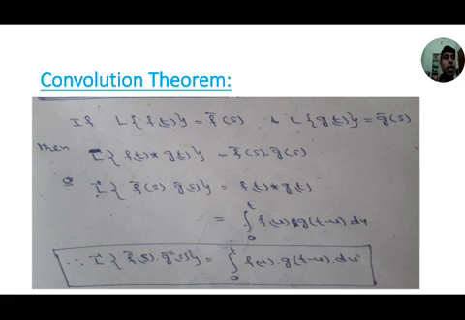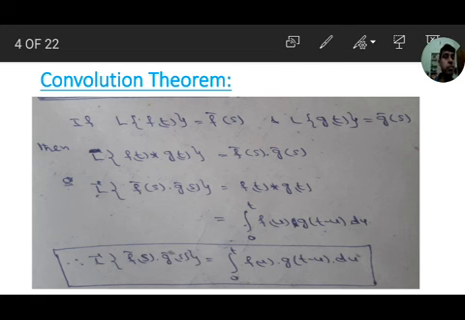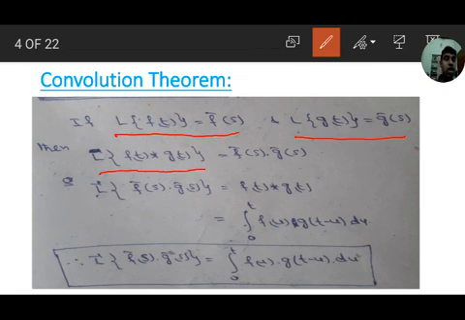Next, what is the convolution theorem? If L of f of t equal to f bar s, and L of g of t equal to g bar s, then L of f of t star g of t, that is, the Laplace transform of the convolution of two functions, is f bar s into g bar s.